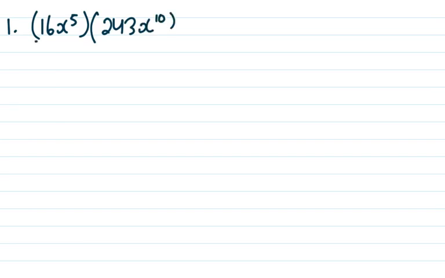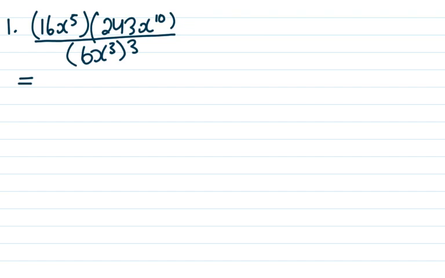Okay, now let's put some of this into practice. So, examples: expand and simplify and leave no negative exponents in the final answers. So, number 1. 16x to the power of 5 times 243x to the power of 10 divided by 6x cubed all to the power of 3.